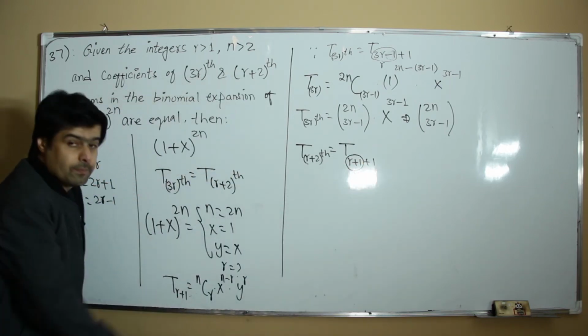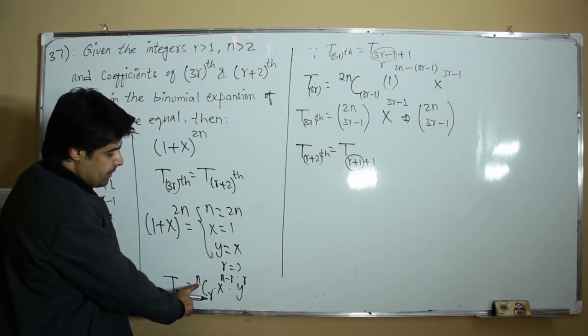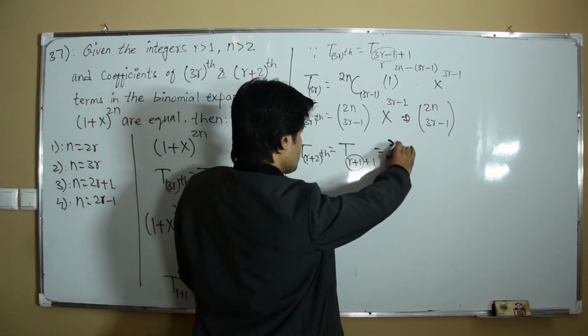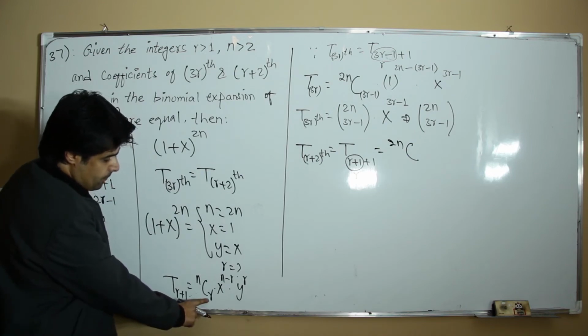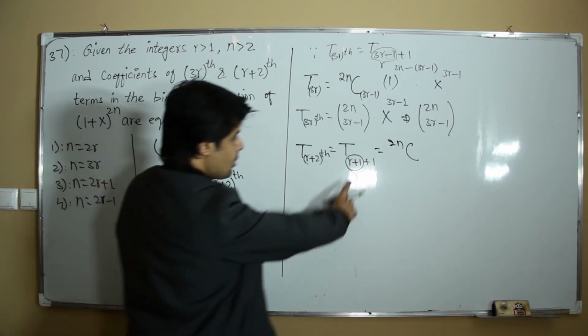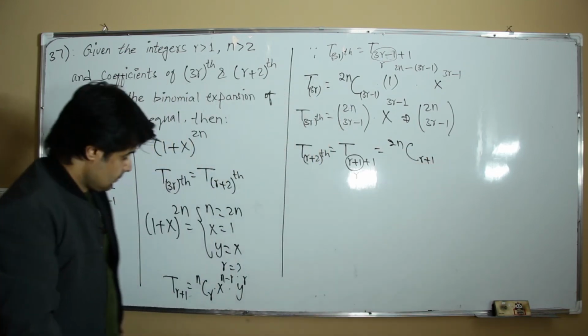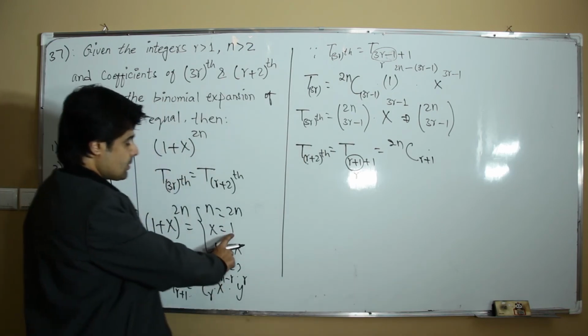Now n is 2n. C, instead of r, what? r plus 1, multiplied by x. What's your x? 1.